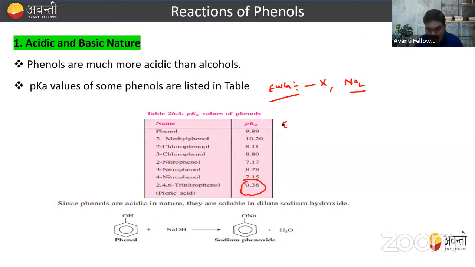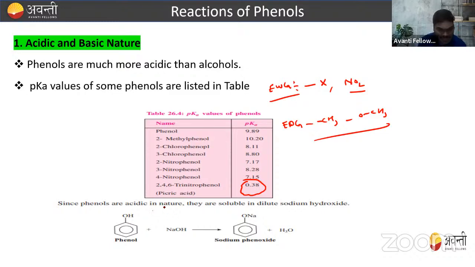Now, if we put electron donating groups like CH3 or OCH3, they decrease the acidic value. So always remember that whenever electron withdrawing groups increase on phenol, their acidic value also increases. Whenever electron donating groups are introduced in the phenol ring, their acidic character decreases, right?